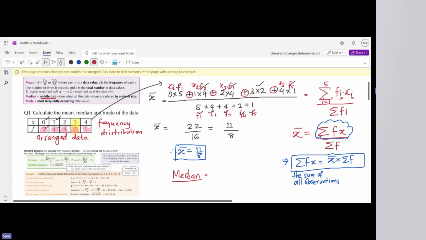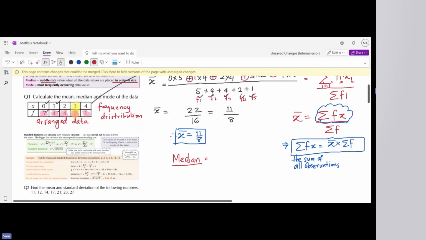But when the data is organized in order, either from biggest to smallest or from smallest to biggest. So don't try to find the middle value without organizing the data.